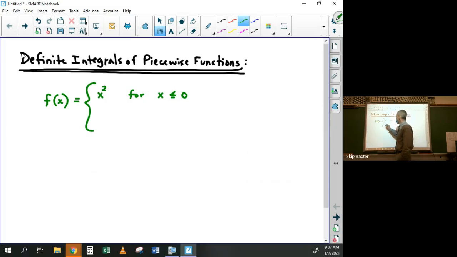And suppose it's x cubed minus 1 for x greater than 0. There's this piecewise defined function. All right? And suppose they said find the integral from -2 to 1 of f of x dx.